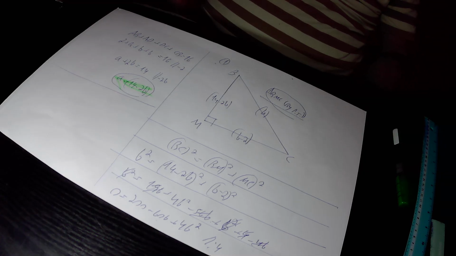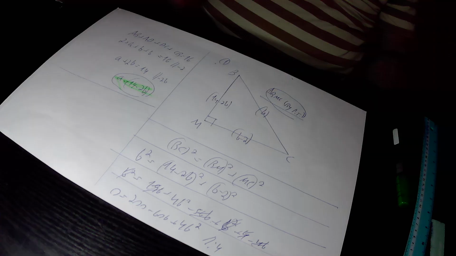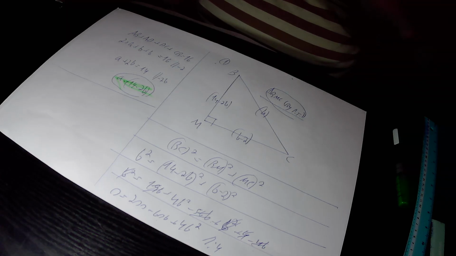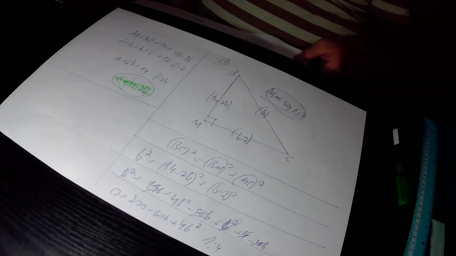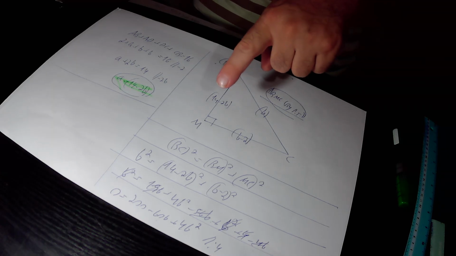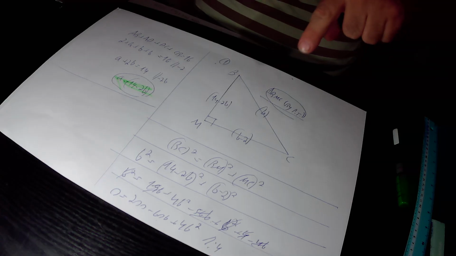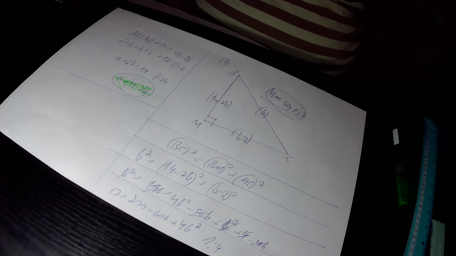According to the Pythagorean theorem, in this right triangle BMC, BC squared, that is the square of the hypotenuse, is equal to BM squared plus MC squared. BC is 14 minus 2B, therefore BC squared is (14 minus 2B) squared plus (B minus 2) squared.